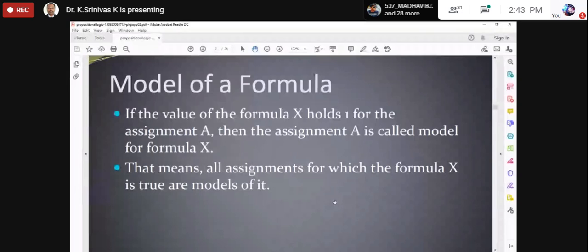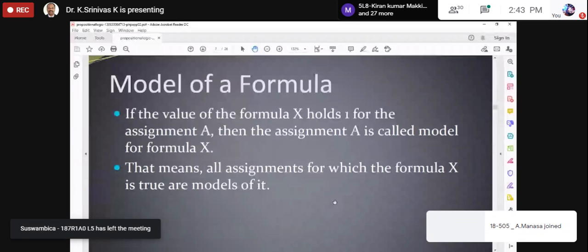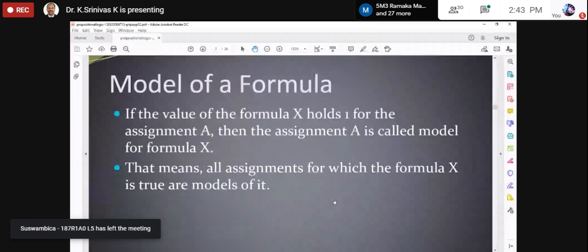So what is this? I am developing a formula. I am running an automated car. If temperature is less than 18, then don't put even the blower. If temperature is less than 14, then put the heater on. So like this, I'm generating the conditions and formulas. Now, what is the assignment?